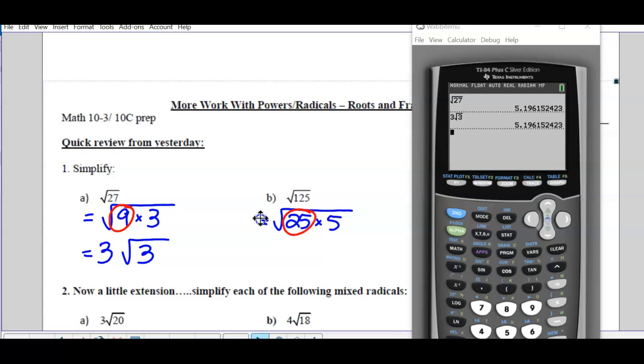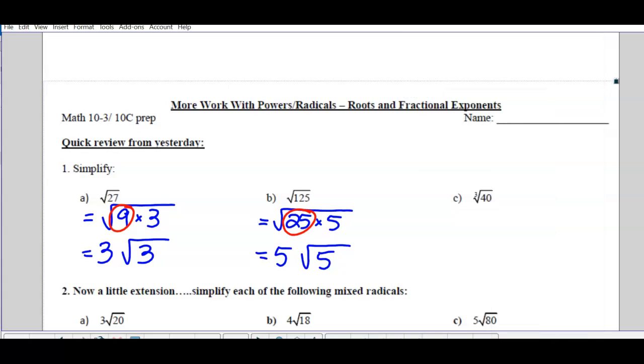Circle the perfect square. It gets to go out on the weekend. Left with root 5. Now, just by chance, it's happened that these two numbers are the same, and those two numbers are the same, just because of that particular number. It's the process you have to follow, looking for the perfect square that's a factor.